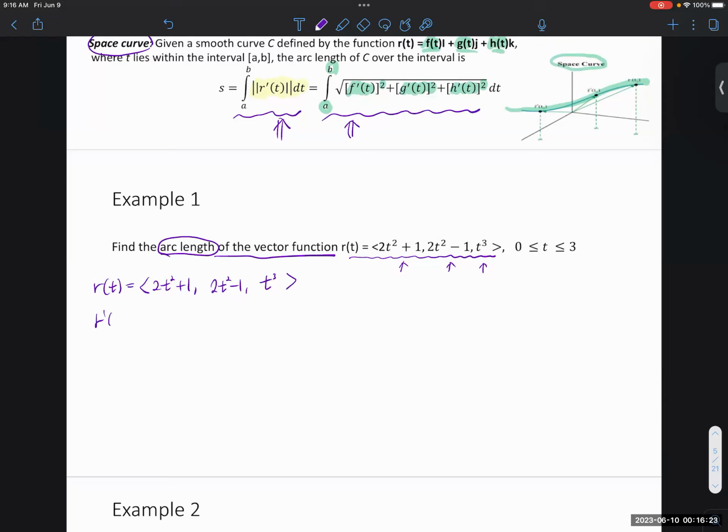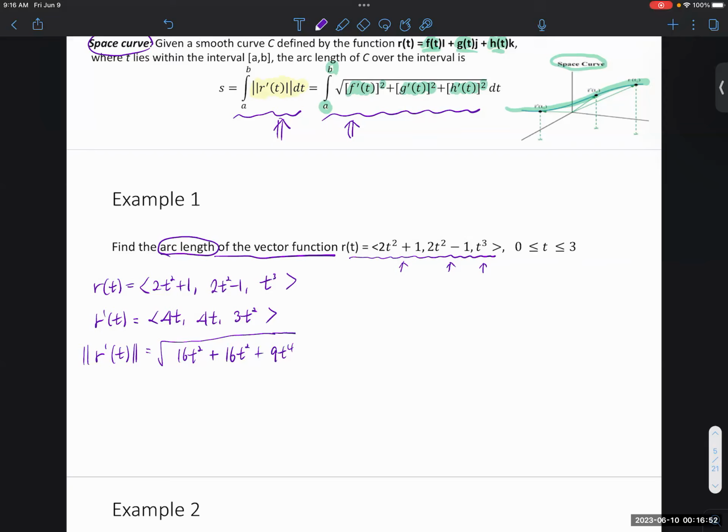So r prime, you can take the derivative. What would it be? This is going to be 4t, 4t, and 3t to the second power. Then you take the magnitude, because we are looking for the magnitude of r prime. So it would be the square root of 16t squared plus 16t squared plus 9t to the 4.